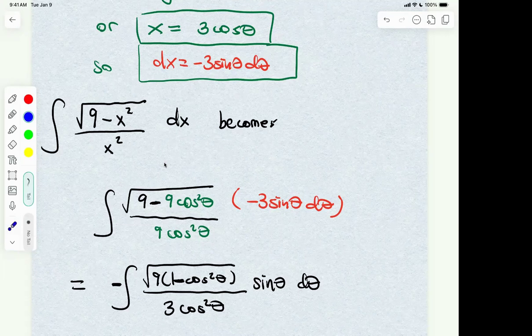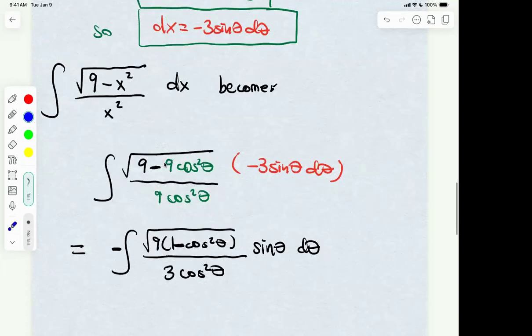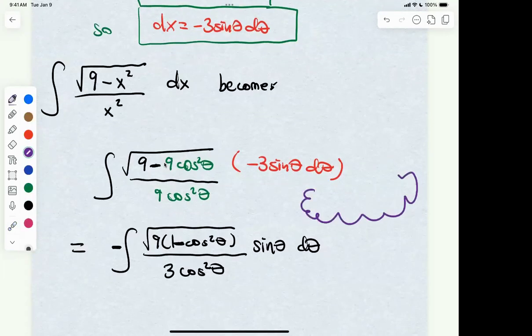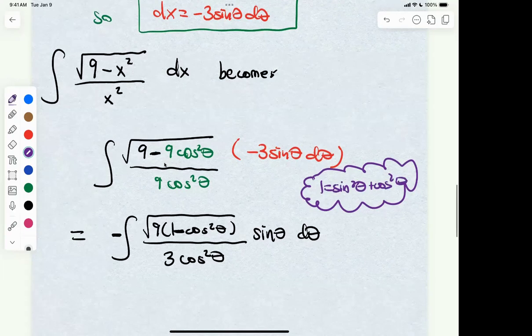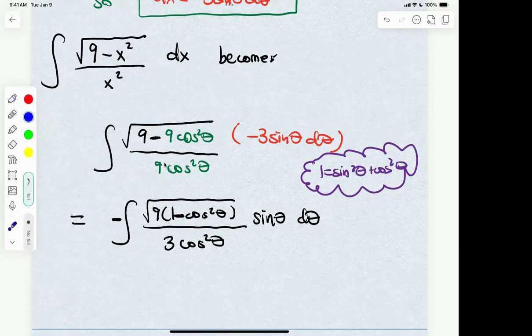Anyone else? Okay, and this will be used over and over for all these problems: 1 equals sine squared plus cosine squared. It's a magic identity, thanks to the Pythagorean theorem. So when you have 1 minus cosine squared, that gives you sine squared of theta.